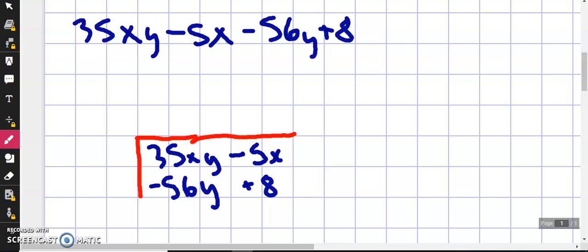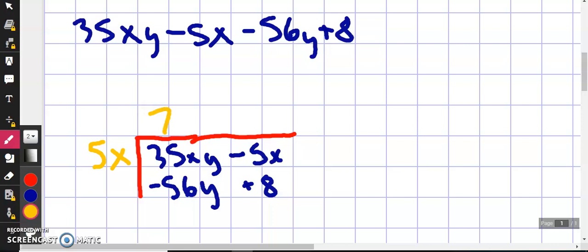So from here, the factoring works exactly the same way as what we just did. When I look at my top row, I see an x in both terms. And I know that 35 and 5 will both divide by 5. If I take the 35xy and divide it by the 5x, I know I need an extra 7 up here and an extra y to get the 35xy on the inside.